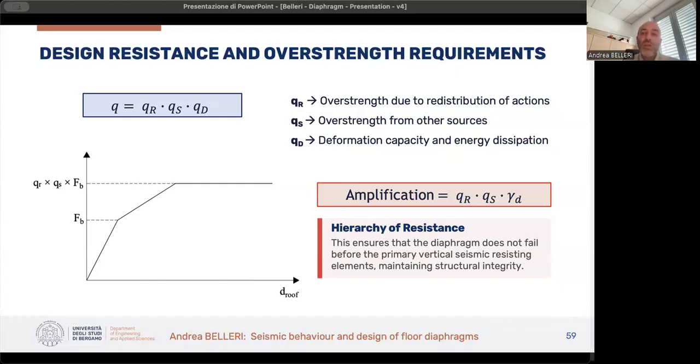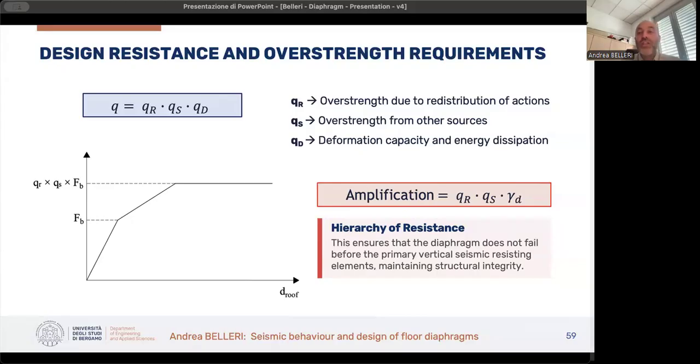So basically, when we do the design, we obtain FB from our, let's say, response spectrum analysis. If you take FB for the design, you need to consider that there are sources of overstrength. And so the design load should be FB times QR times QS.